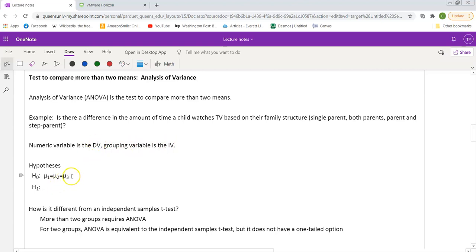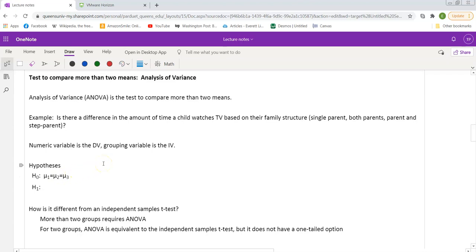In the ANOVA, your null hypothesis is always that all of the means equal each other. Here I put mu1 equals mu2 equals mu3 because we have three groups. But if you've got more than three groups, if you've got five of them, you're going to add equals mu4 equals mu5. Now, for the alternative hypothesis, people are always tempted to say mu1 is not equal to mu2 is not equal to mu3.